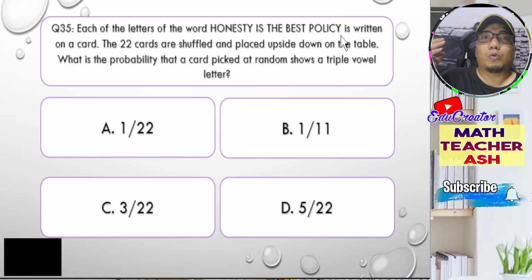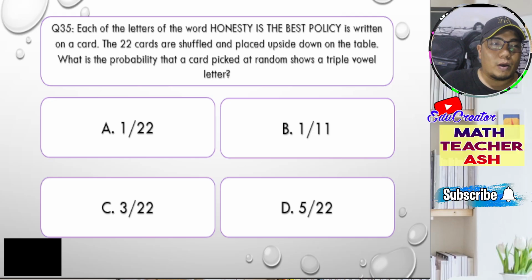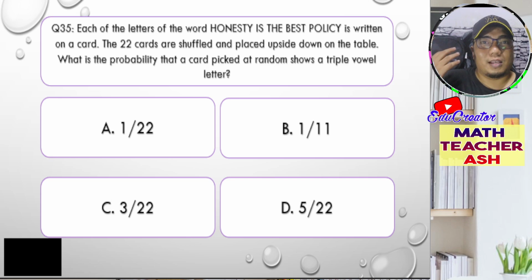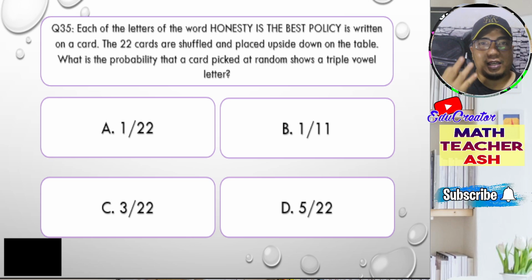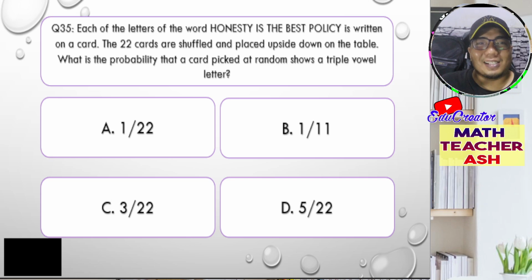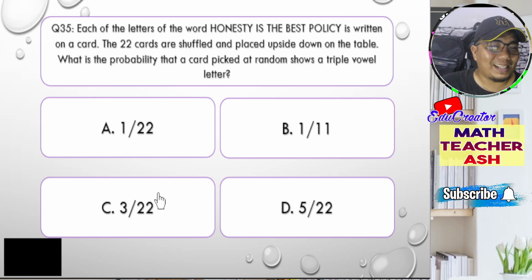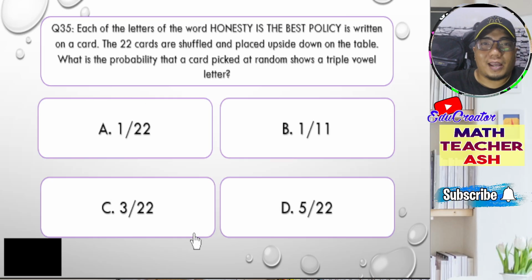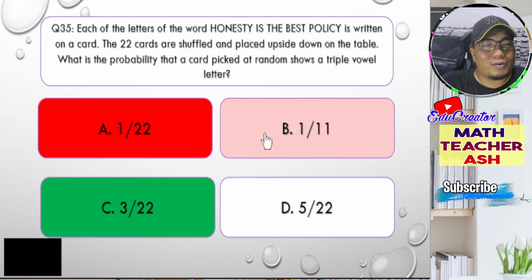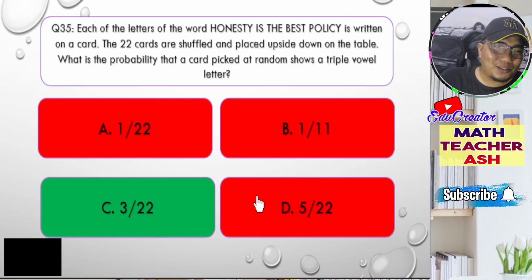So there is only letter E. The triple vowel letter is letter E, so that is 3 letters: E, E, and E. So that is 3 out of 22. Basically, the correct answer is letter C. Alright, we are correct, my dear math learners. So 3 out of 22.